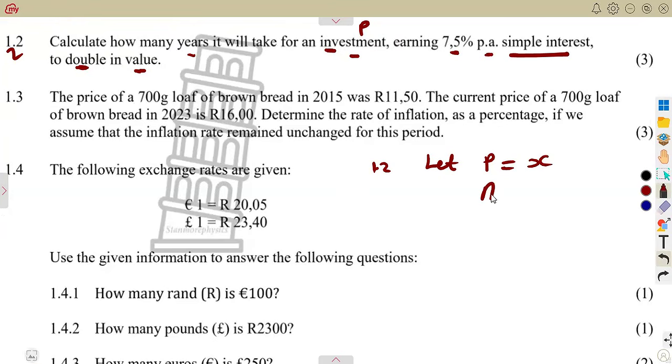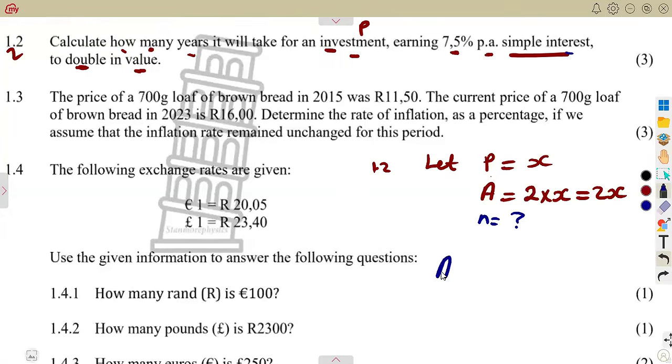So it means the amount after the number of years that we are supposed to calculate is supposed to double the principal. So it's 2 times x, which is 2x. It is supposed to double. That is the condition.